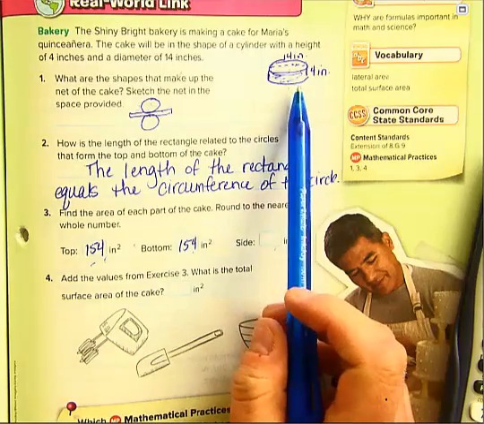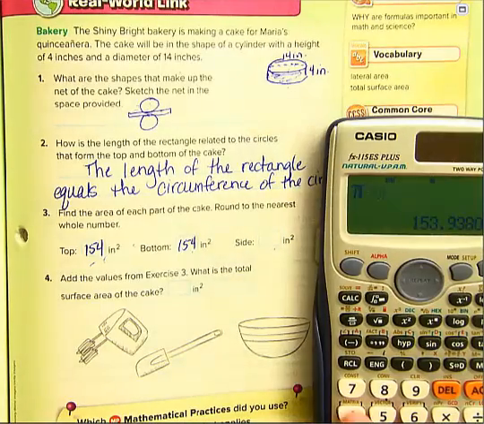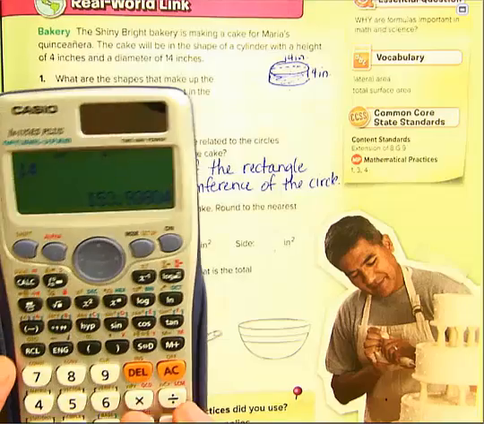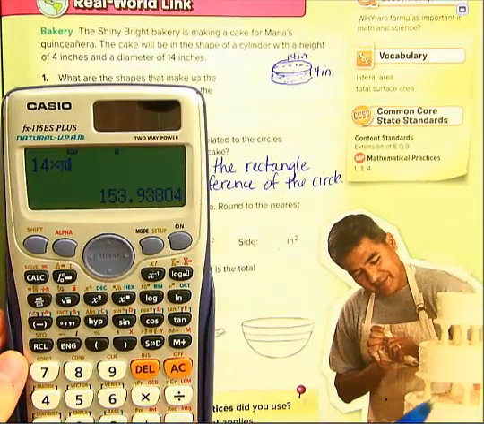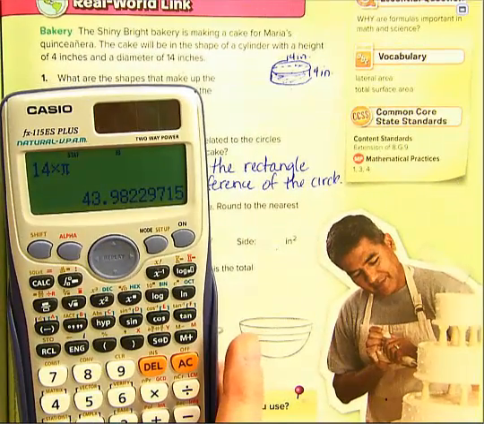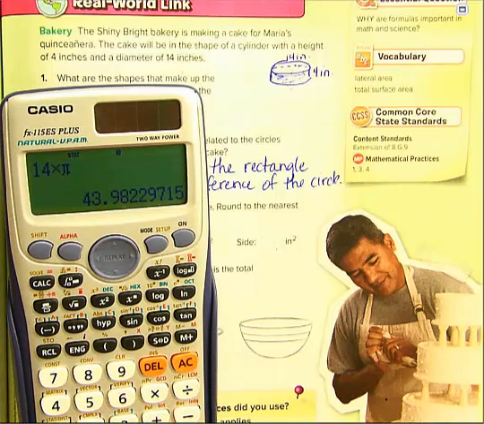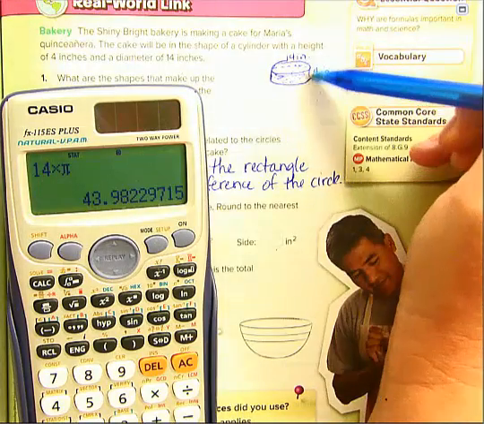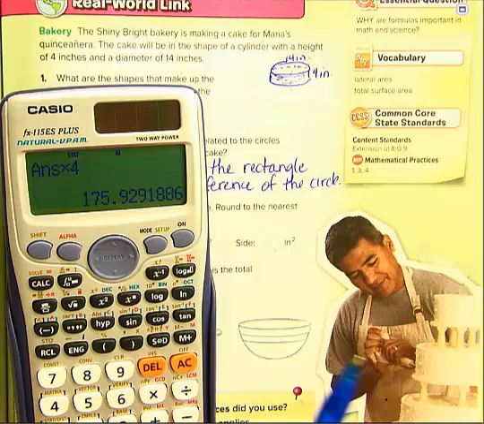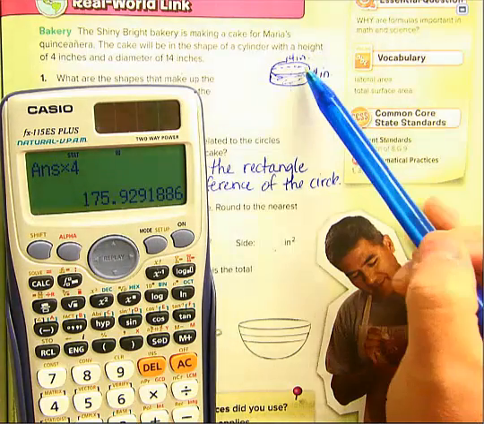In this case, my diameter is 14, so take 14 times pi. And it says round to the nearest whole number. And in this case, I also have to take it times the height. Okay? So it's pi times diameter.